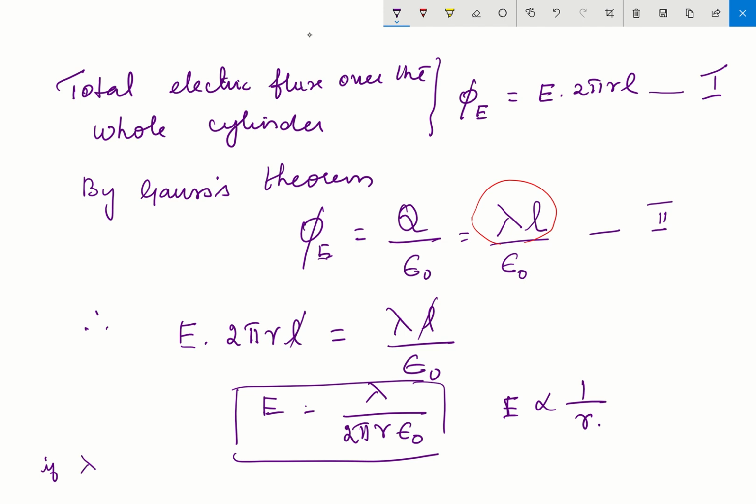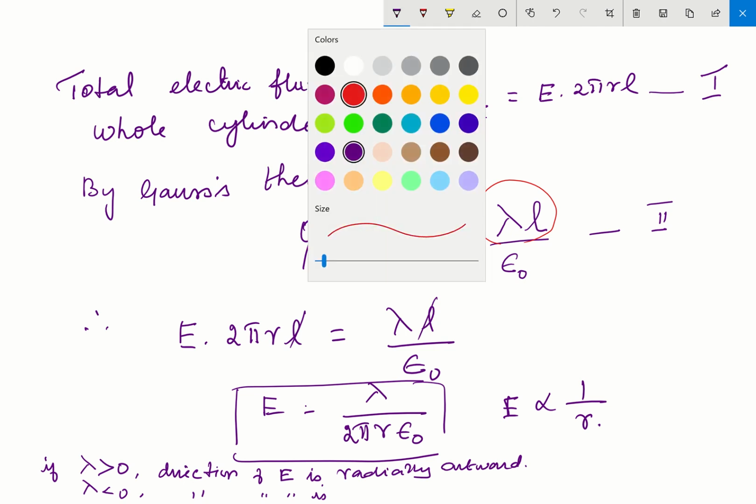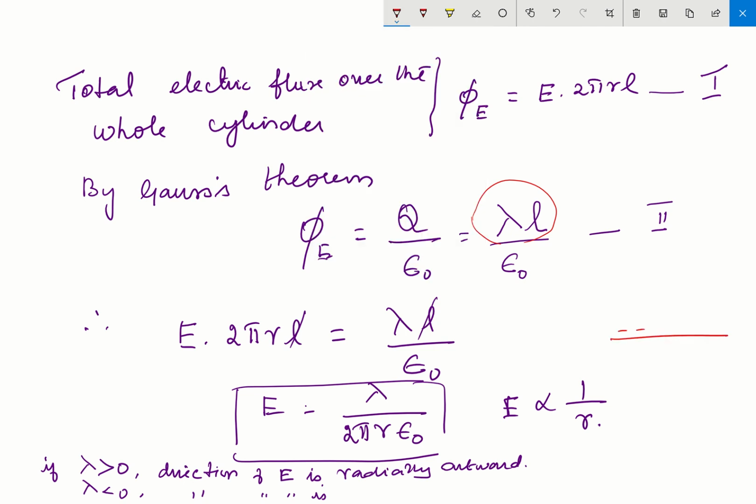Now, what is the direction? If lambda is larger than 0, that is, the charge is positive, then the direction of E is radially outward, correct? But if lambda is less than 0, see here, lambda is like that.